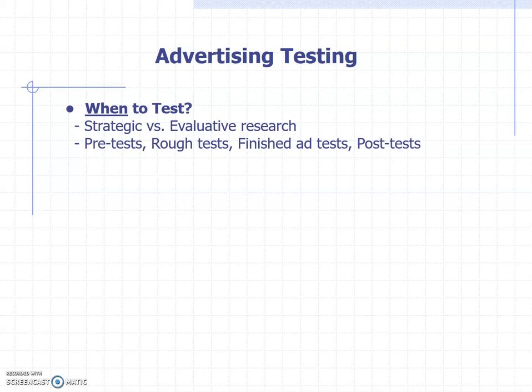We can test rough copies. We can make mock-ups of advertisements, or even the music, or whatever we want to test. We can test finished ads, and we can also have post-tests.